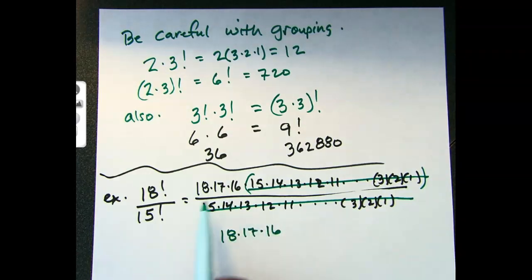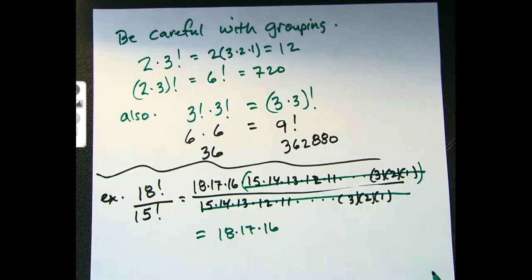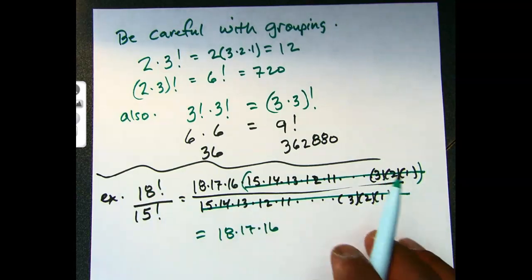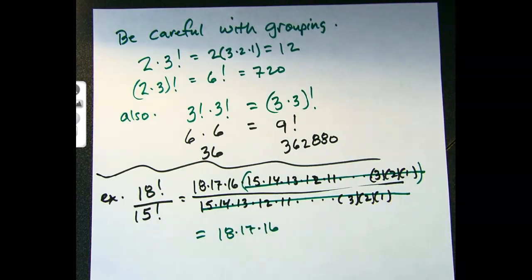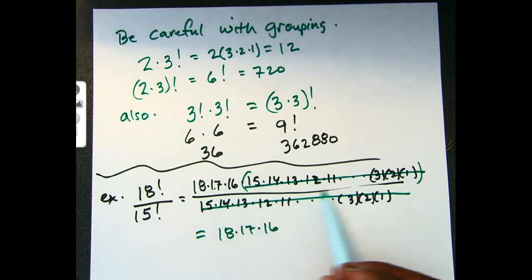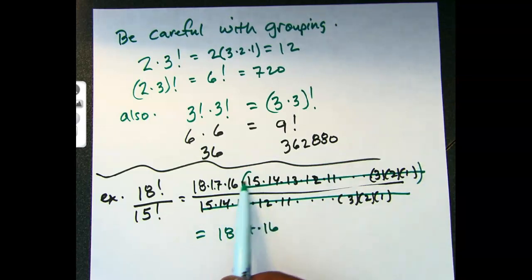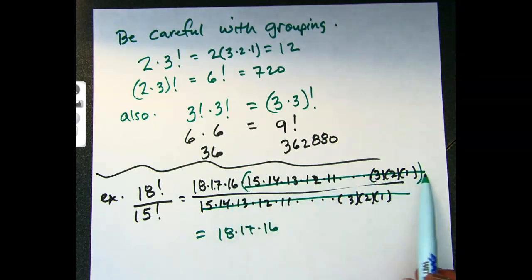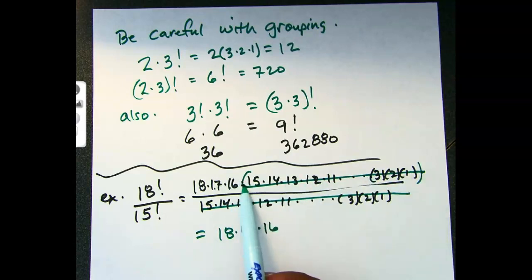Well, we don't want to write this out, because what if I gave you 130 factorial divided by 126 factorial? We're not going to write all of those out. So what do you notice with this? 18 factorial is 18 times 17 times 16, but once we get to this point here, all of the rest of that, 15 times 14 times 13, is 15 factorial.